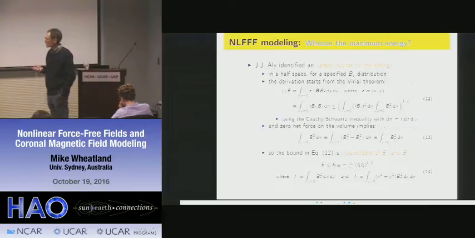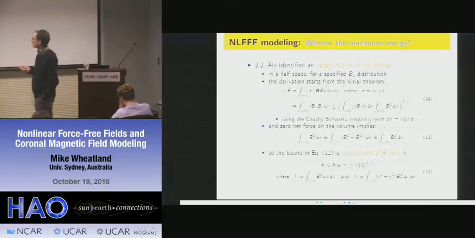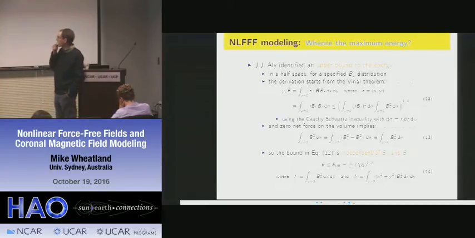This integral involves the r here, which is the vector in the plane z equals 0. So this picks out the Bx and the By, so this involves all three components of your field there. That's the expression for the Virial Theorem.